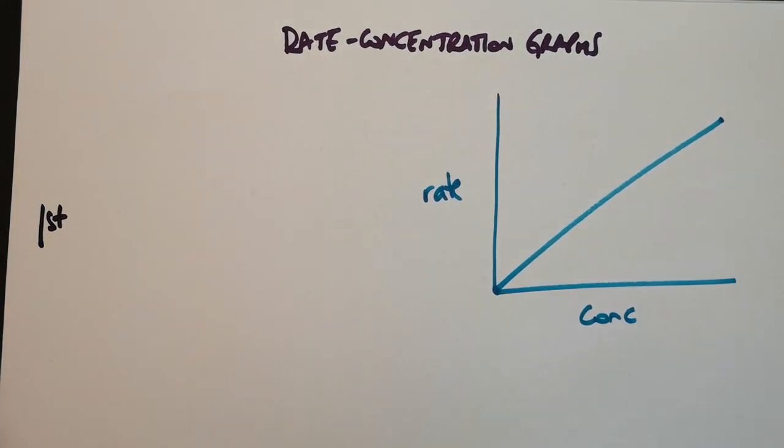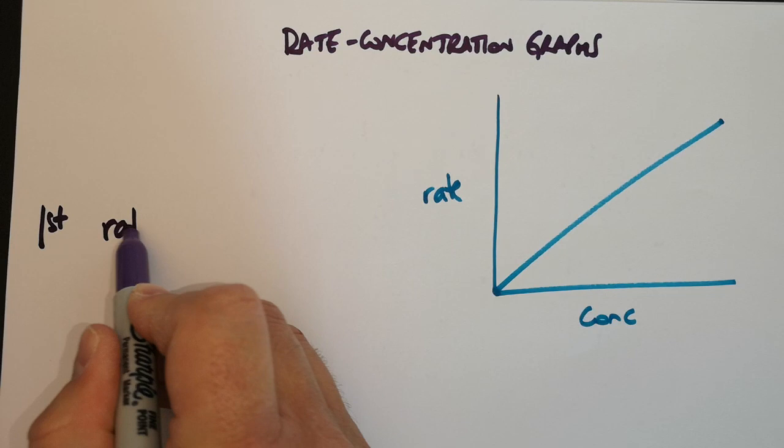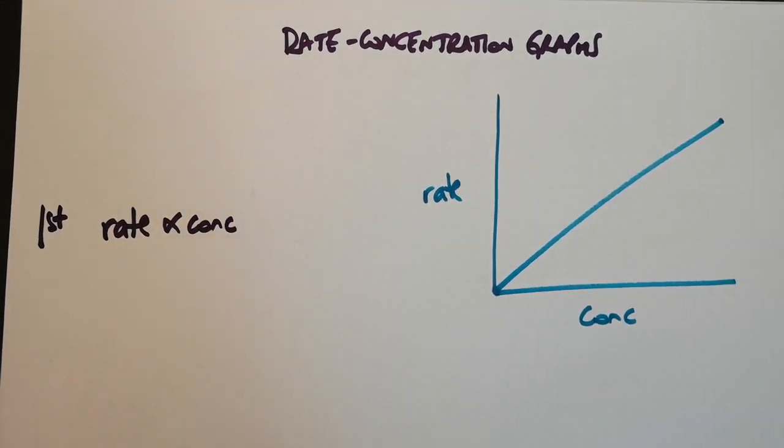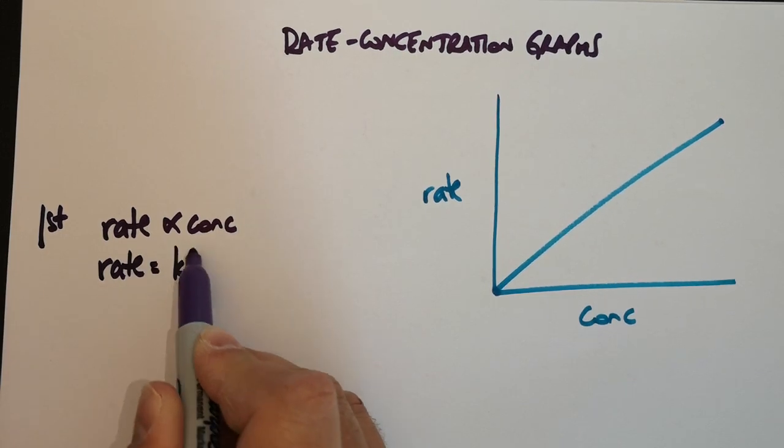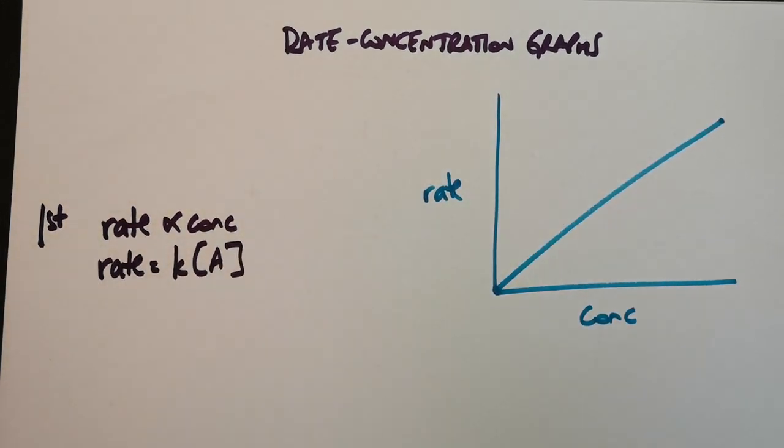So if we have a first order reagent, we know already that rate is proportional to concentration, and the rate equation would look something like rate equals k[A]. We'll just use A for now, we won't use any other reagent. That would be an example of a rate equation that would give this sort of graph.